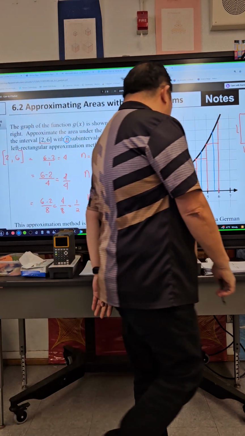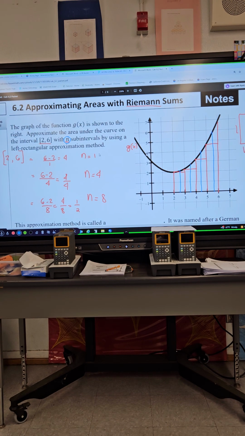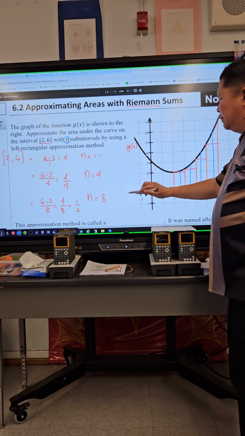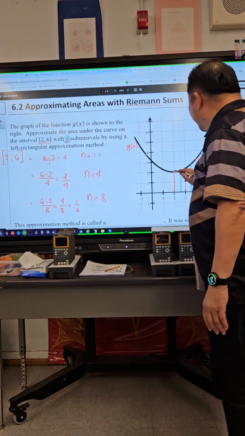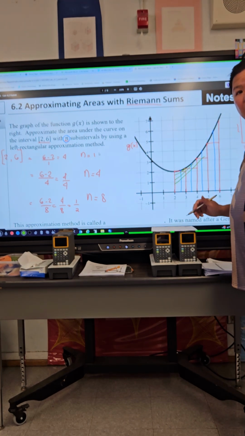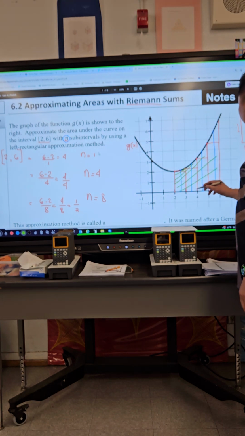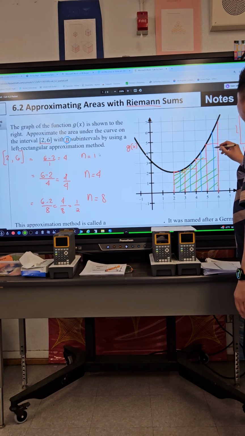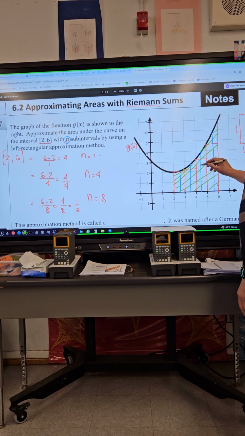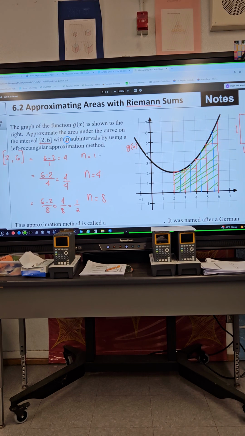So which means we are trying to solve for the area of this entire region depending on the given subintervals. We're gonna approximate the area from 2 to 6.